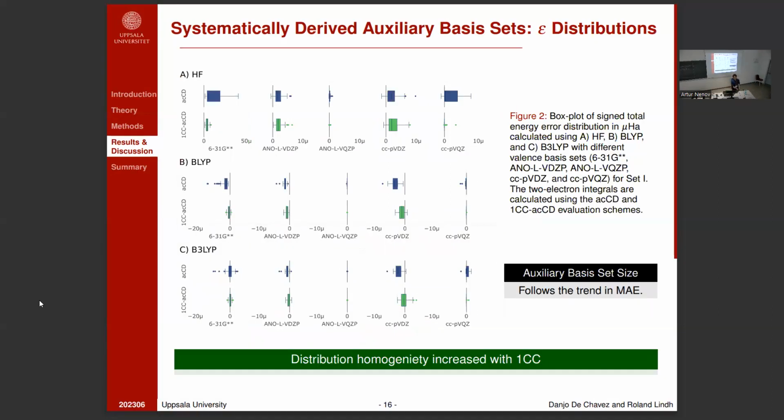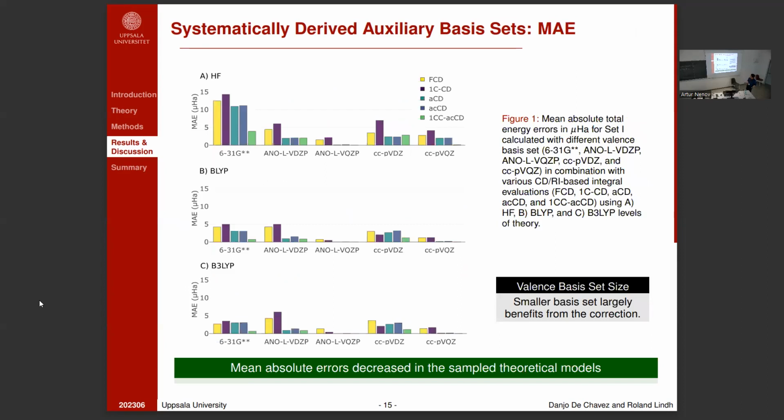Going now to the distribution of your errors, you could see that this follows generally the trend in mean absolute errors, wherein your smallest basis set gains more from this simple correction than the very large basis sets like quadruple zeta, even if it's an ANO type or the Dunning type basis set. I didn't highlight it earlier, but you can see in the quadruple zeta, the errors are almost zero even without the correction. But this still improves the value of your approximation.